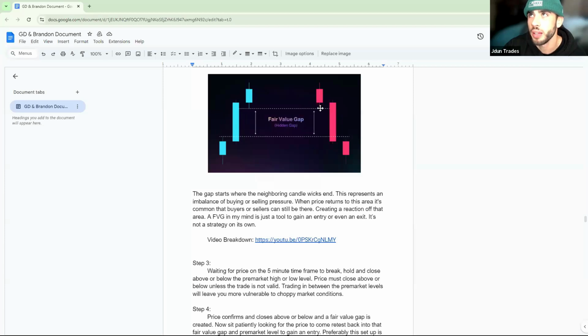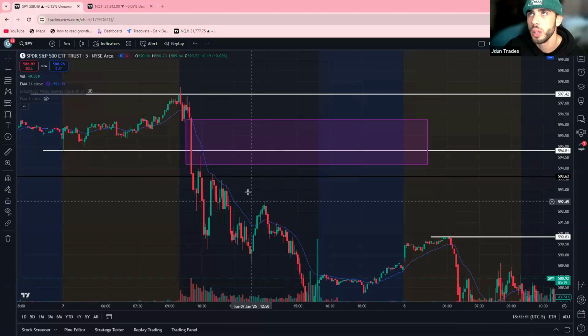And same thing to the downside. There's a neighboring wick here, therefore creating a fair value gap from that wick to this wick inside this candle. And what does this essentially mean? When you're using it to the upside or to the downside, let's go back to the example here.